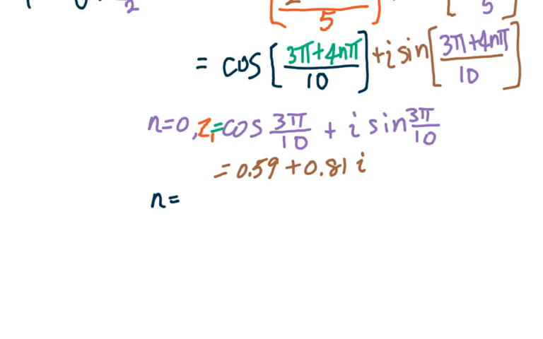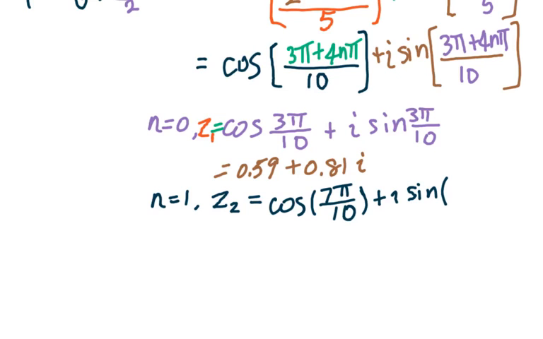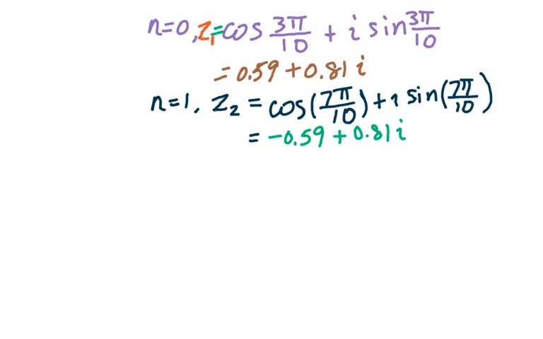When n equals 1, we got Z2 equals cosine 7 pi over 10 plus i sine 7 pi over 10. So we get negative 0.59 plus 0.81i.